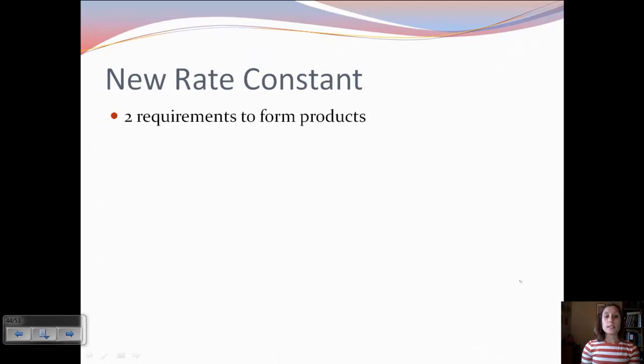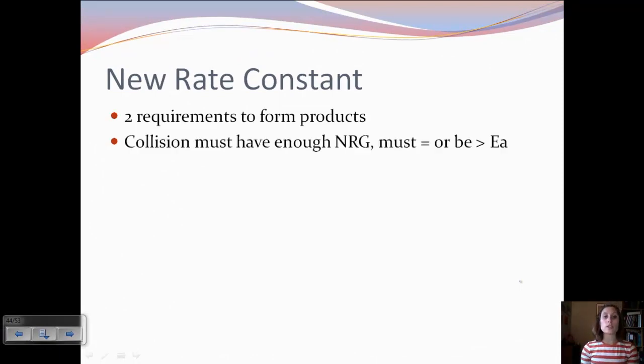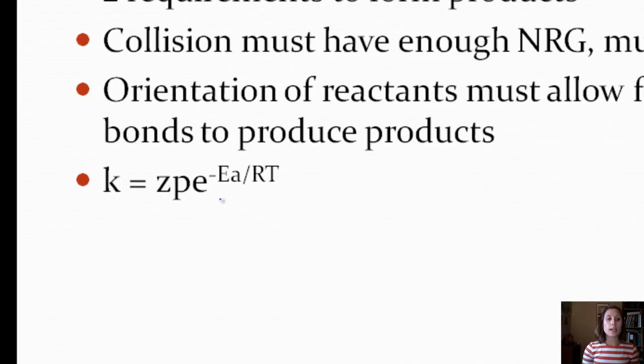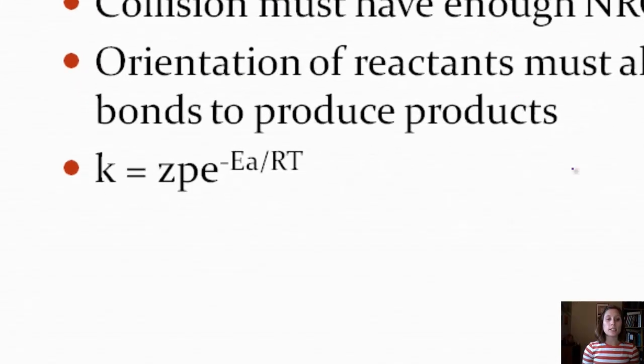Okay, so based on these two requirements to form the products, which is that the collision must have enough energy, so it must be equal to or greater than the activation energy, and we need to have a correct orientation, we can come up with a new rate constant. So here, k is equal to Z times P times e to the negative E_A over RT.